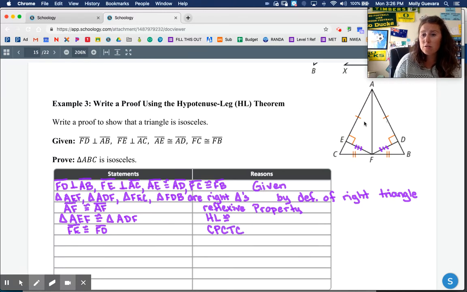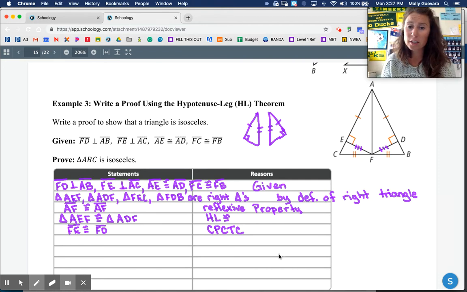If these two triangles are the same, let's draw them separately. Okay, so if I know that these two triangles are the same, because I know that this one and this one are the same, I know that this one and this one are the same. Okay, so if I can say that these two triangles are congruent, then that means that their third side is also congruent by CPCTC.